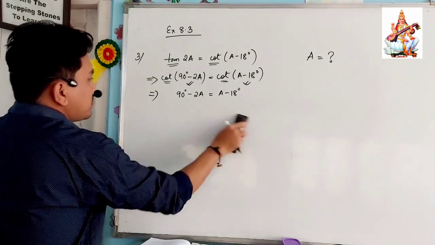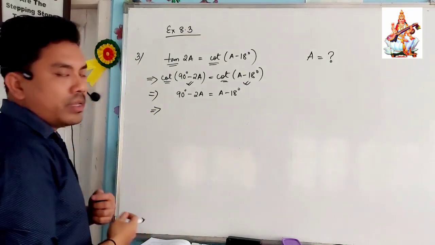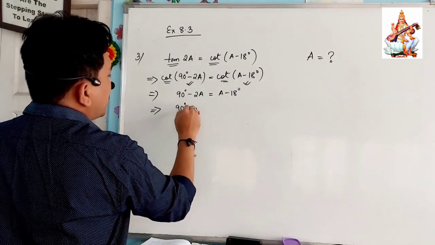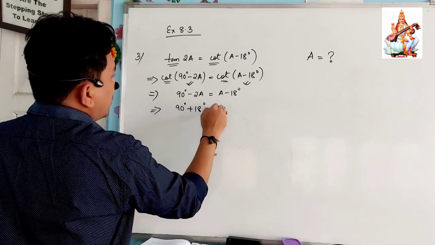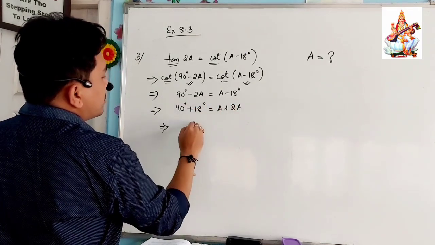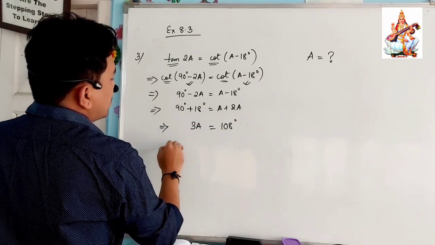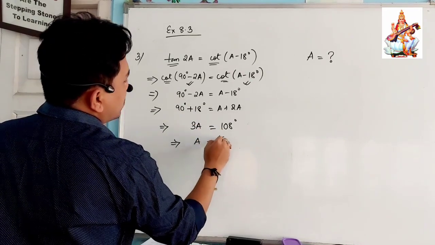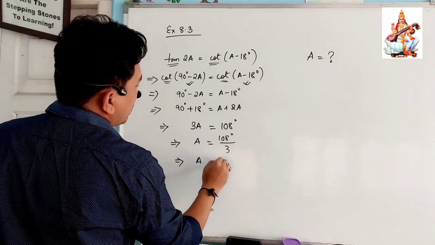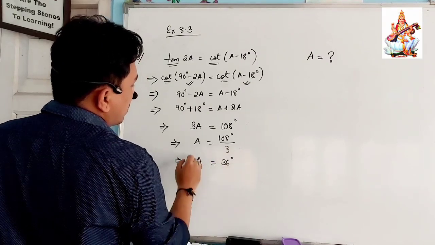Now let us transpose the numerical part and the variable part. 90 degree plus 18 equals a plus 2a. So a plus 2a is 3a. 90 plus 18 is 108 degree. So a will be equal to 108 degree by 3, and finally we got a equal to 36. So we got the value of a.